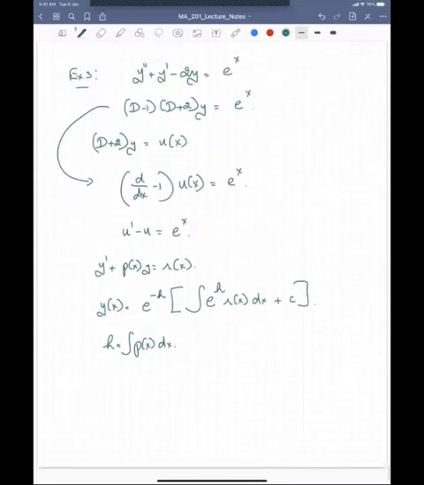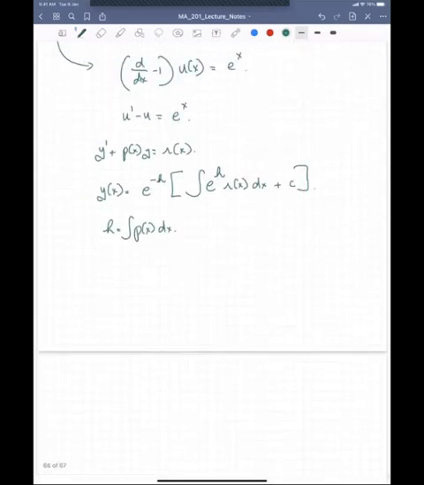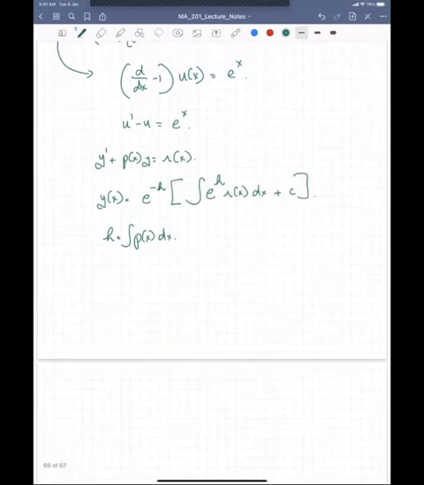Okay. Is this familiar or is this too fast? Is it okay? Everybody? So p of x in this case is just -1. So h in this case is the integral of -dx, which is just minus x. Okay, so let me write down the solution for this equation, which I will call equation number 1.